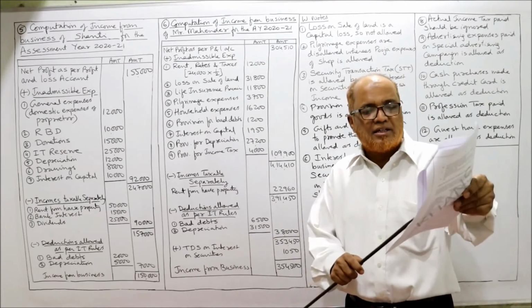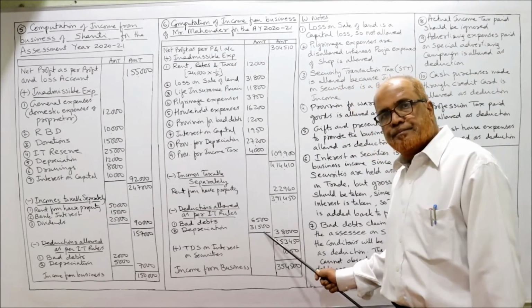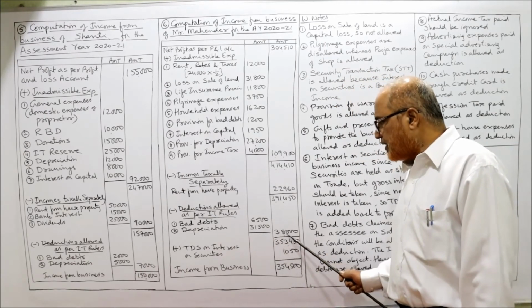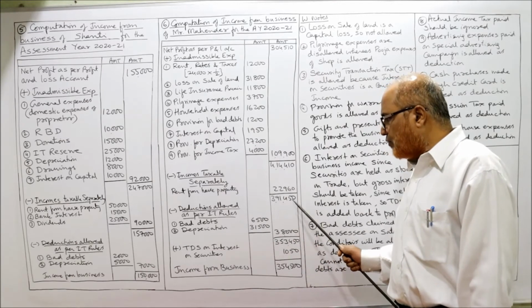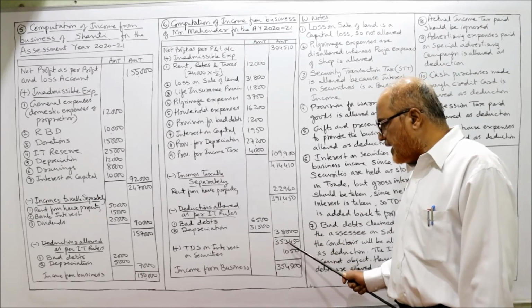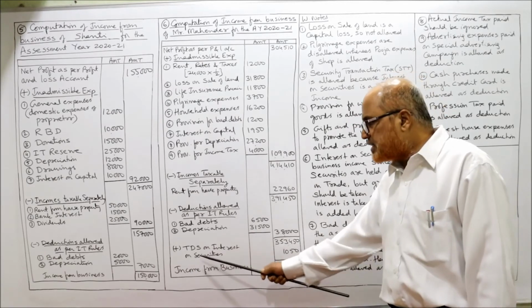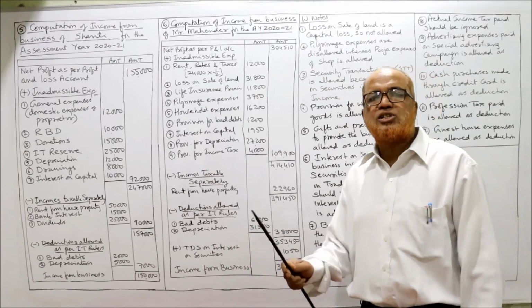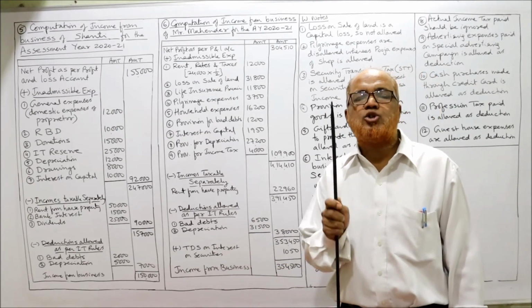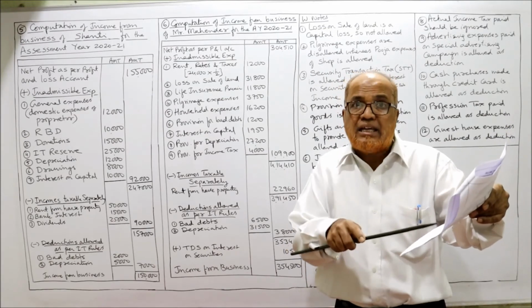Depreciation. As per IT rules, depreciation is given 31,500. Take the total of these two, 38,000. Now deduct 38,000: 3,91,450 minus 38,000 is 3,53,450. After this, add TDS. TDS on interest on security: just now I told you, interest on security should be taken at gross figure, but in the problem it is taken at net figure.